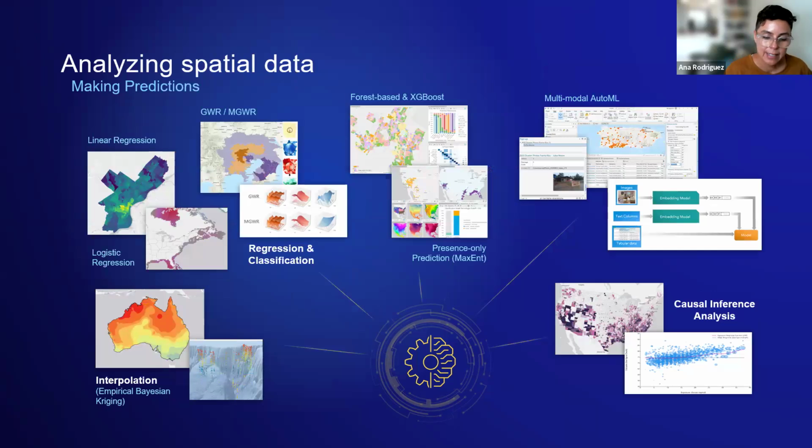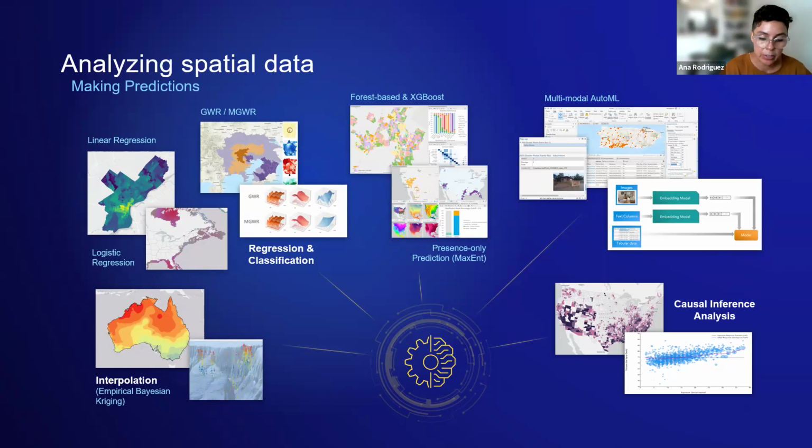And finally, analyzing data to make predictions. This is probably the second most common way to use GeoAI behind feature extraction of imagery. These applications can include things like interpolation, classification and regression modeling, such as linear regression, GWR, so geographically weighted regression as well.